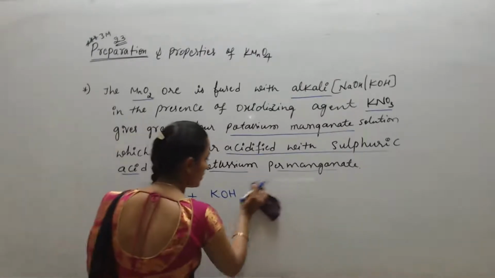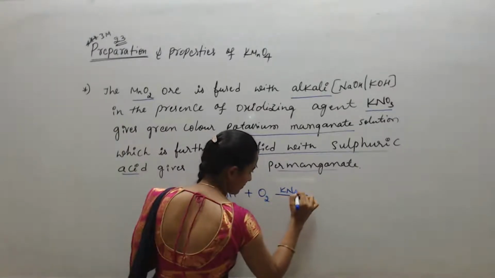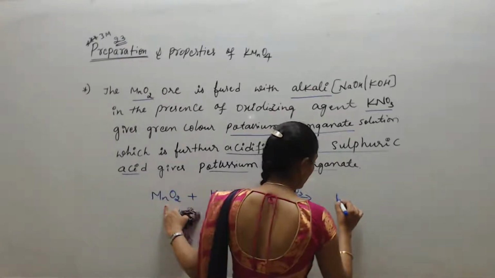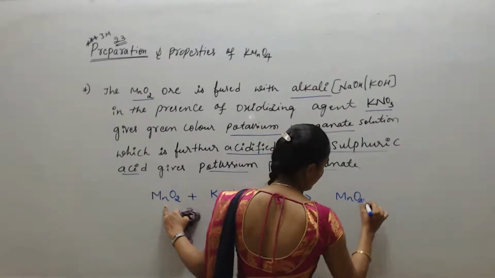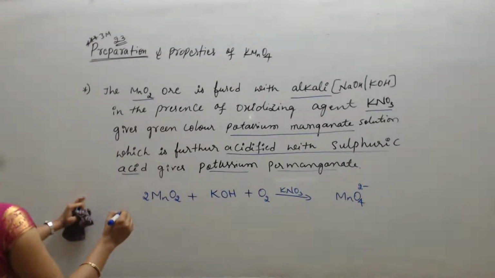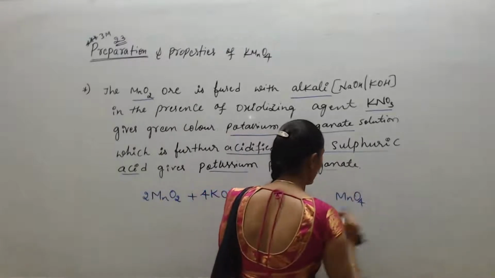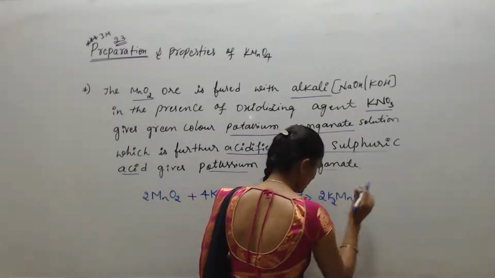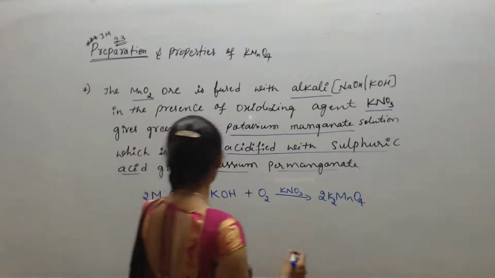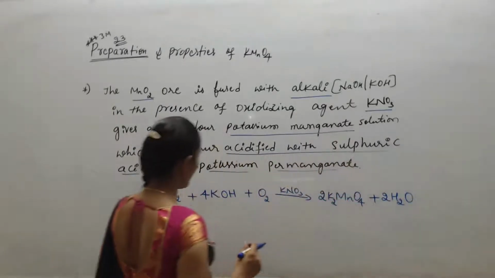Oxidizing agent means addition of oxygen takes place. So this changes to MnO4 2 minus. Since potassium is there, you may directly write 2K2MnO4 plus 2H2O.